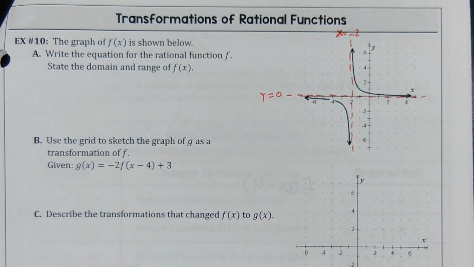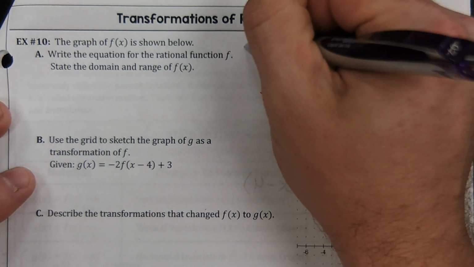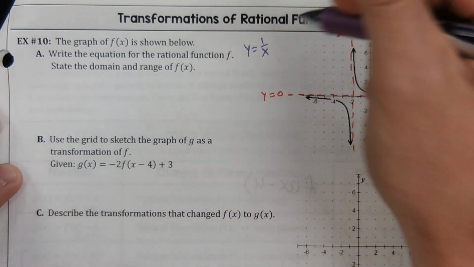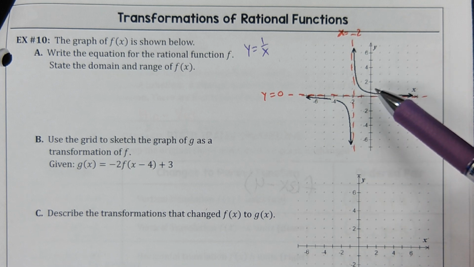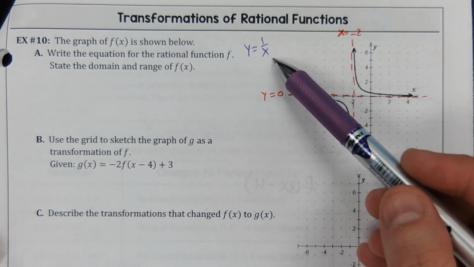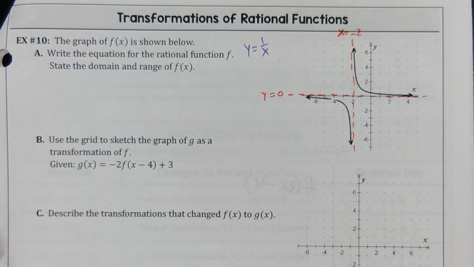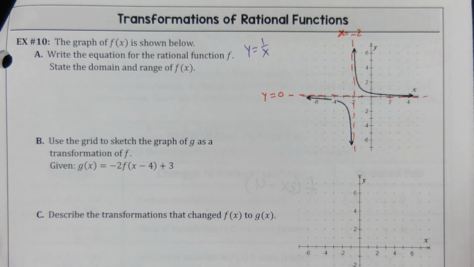The parent reciprocal function is y equals 1 over x. Now this is clearly not 1 over x, because 1 over x has a vertical asymptote at the y-axis, x equals 0. So how does this graph compare to the parent reciprocal function whose asymptote would have been x equals 0?